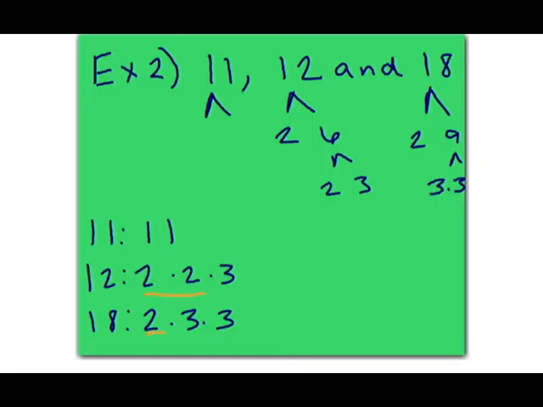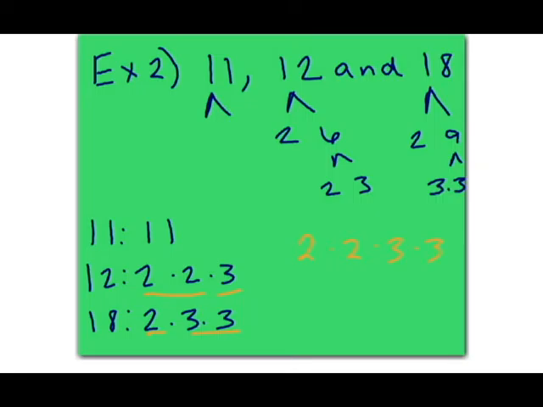The 12 does. So the 2 2's would come over as part of your answer. The 3's also match. The 18 has the most 3's, which is 2, so that comes over as part of your answer.